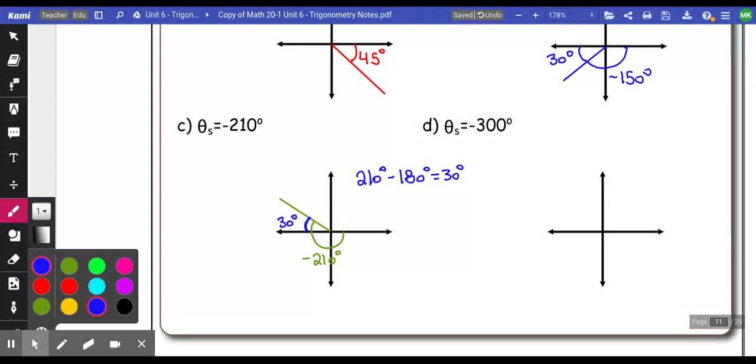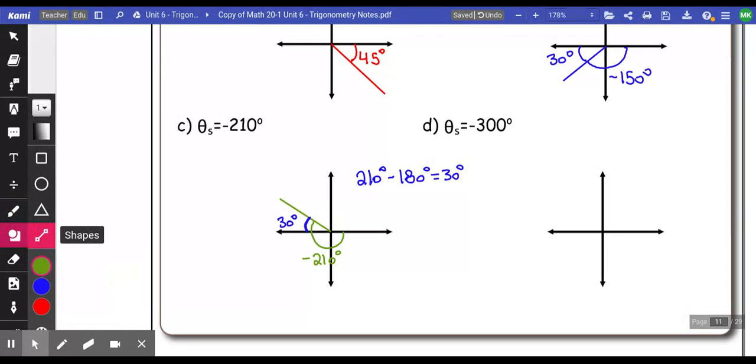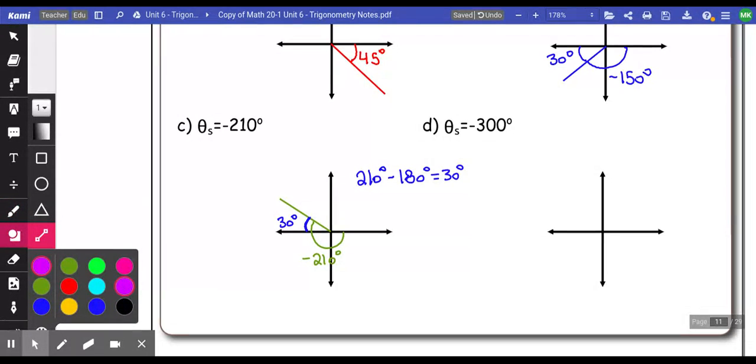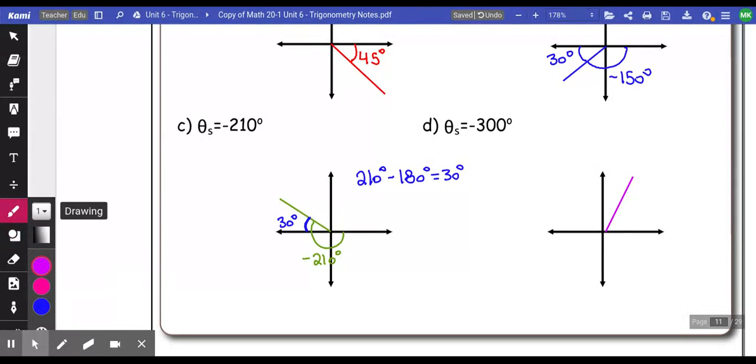And the last one, if we did negative 300, that means I'm going backwards because it's negative. This is 90, 180, 270, and I just want to go a bit past 270 like that. That makes this negative 300 degrees.